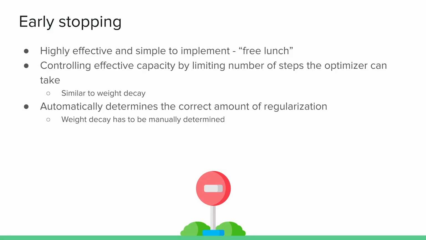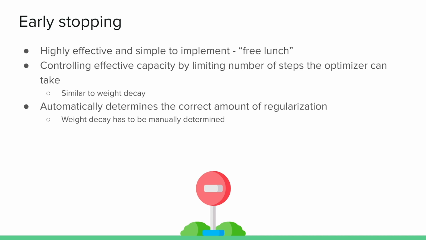The effect of early stopping is that we control the effective capacity by limiting the number of steps the optimizer can take. Weight decay does a similar thing. If our weights decay towards zero, we are limited by the amount of steps that we can take in our network. If we take too many steps with a too high weight decay, all of our weights will be just zero.